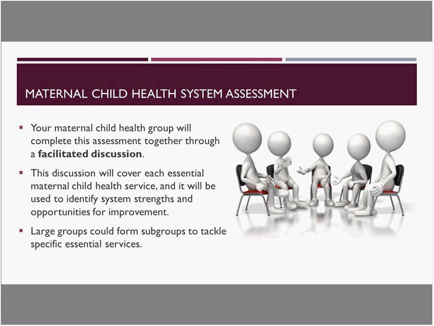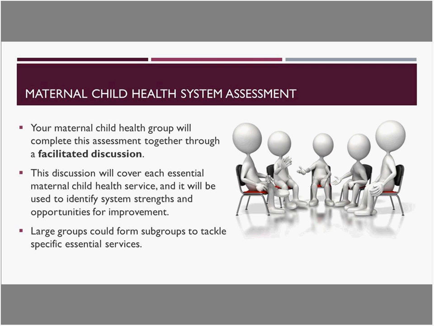For the ninth essential service, there will be a subgroup that can really speak to capacity around evaluation. So it doesn't have to be everyone participating in every component of the conversation. You can be really strategic and planful about who to include for each of the essential services to maximize the use of that group and make sure that it's not an overly time-consuming process for any particular member of the group.